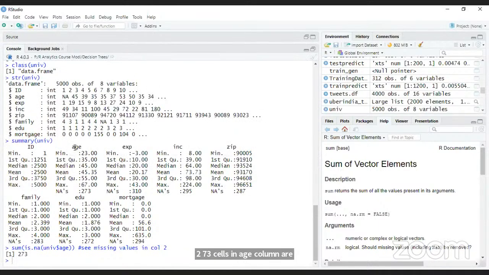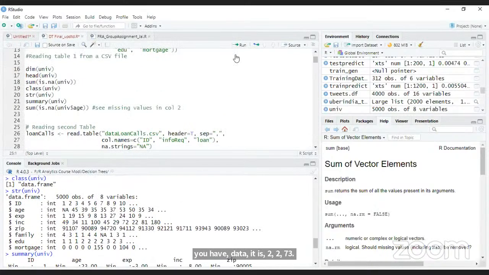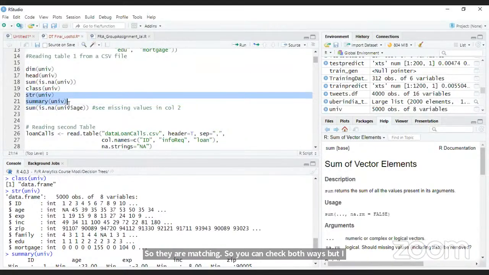The same if you look at the summary function under age, you have NA's, it is 273. So they are matching. You can check both ways, but I prefer summary. Structure and summary are the most important functions you should execute.